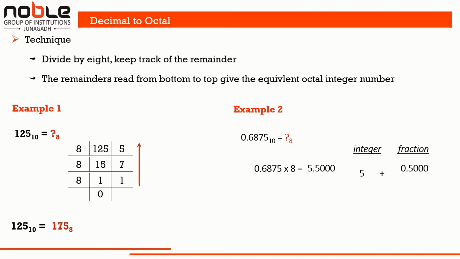It means the integer is 5 plus the fraction is 0.5000. Again 0.5000 is multiplied by 8 and we get the number 4.000. It means the integer is 4 and the fraction is 0. And finally the value of 0.6875 decimal is equal to 0.54 octal.